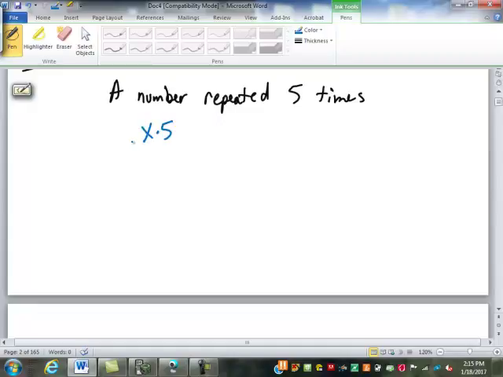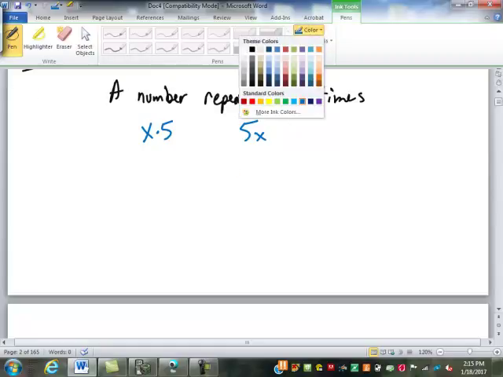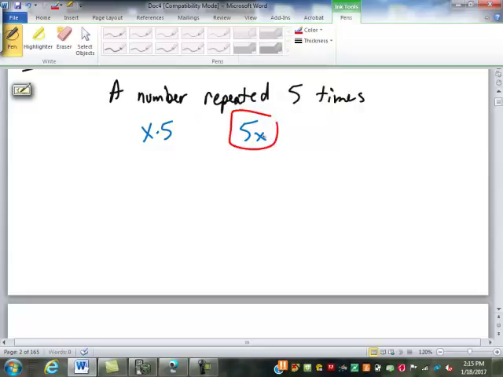Could be that number x times 5, or more often when we're dealing with algebra, we just write it as 5x. So now there are a lot of other ways to express 5x or 5 times x. Again, I'll give you a minute or so to discuss with each other, see if you can come up with some other ways, other phrases that would indicate 5x or 5 times x.